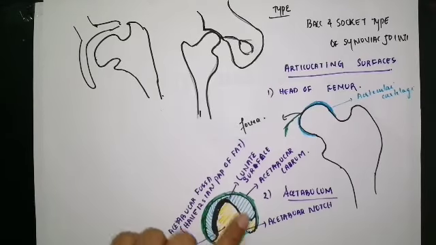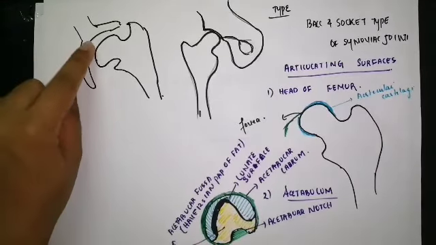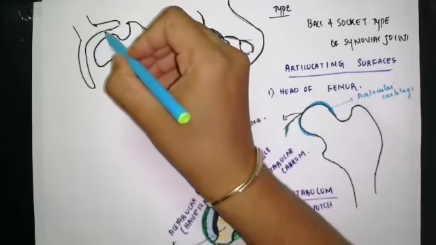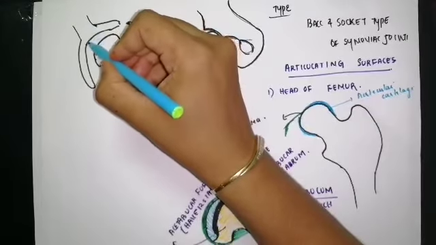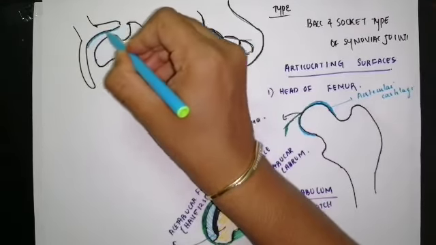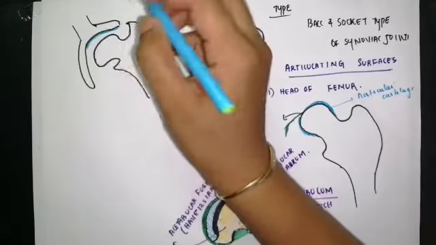Only the lunate surface of the acetabulum, which is actually a horseshoe shaped area, will articulate with the head of the femur. So this much part is known as the lunate surface. You can see the lunate surface which is covered with the cartilage. So this is the articulating part on the acetabulum which is covered with the articular cartilage.